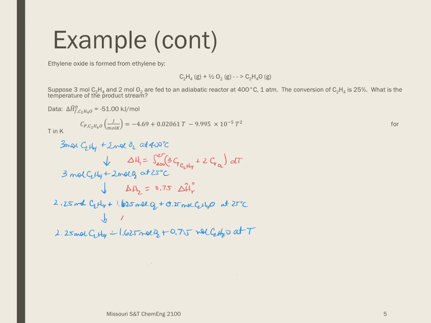In this case, delta H3 is going to be the integral from 25 to the final temperature of 2.25 times C sub P for C2H4 plus 1.625 times C sub P for O2 plus 0.75 times C sub P for C2H4O.